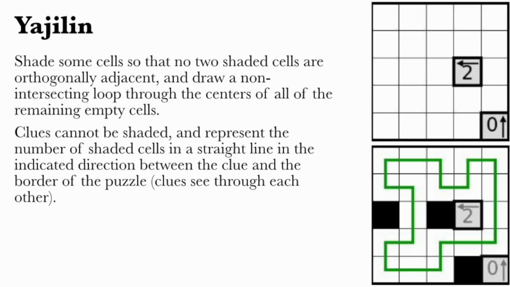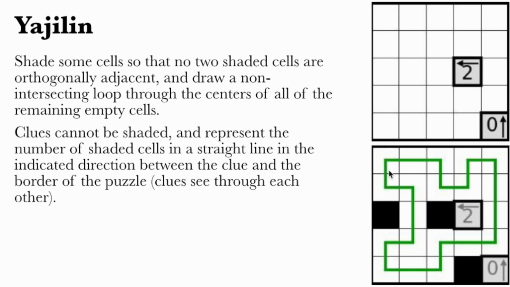Yajilin is both a loop puzzle and a shading puzzle. The rules are as follows. Shade some cells so that no two cells are orthogonally adjacent, and draw a non-intersecting loop through the centers of all of the remaining empty cells.